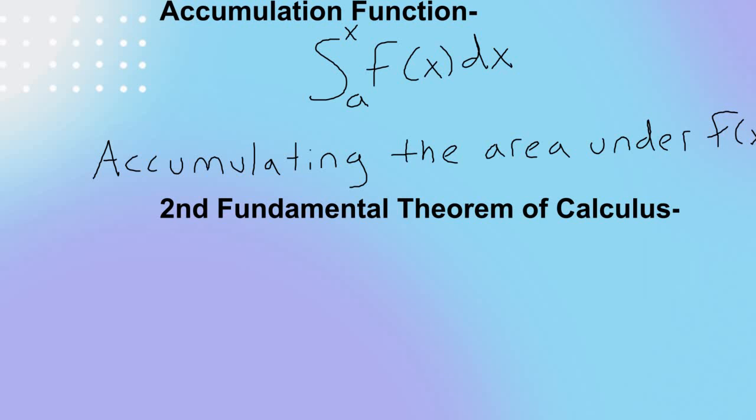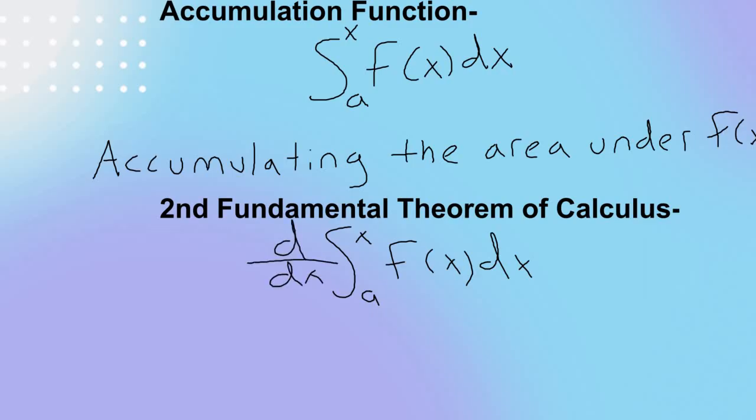Now, what the second fundamental theorem of calculus helps us to talk about is if I have one of those accumulation functions, and I take the derivative of that accumulation function, okay, we mentioned that we find an integral by taking antiderivatives.